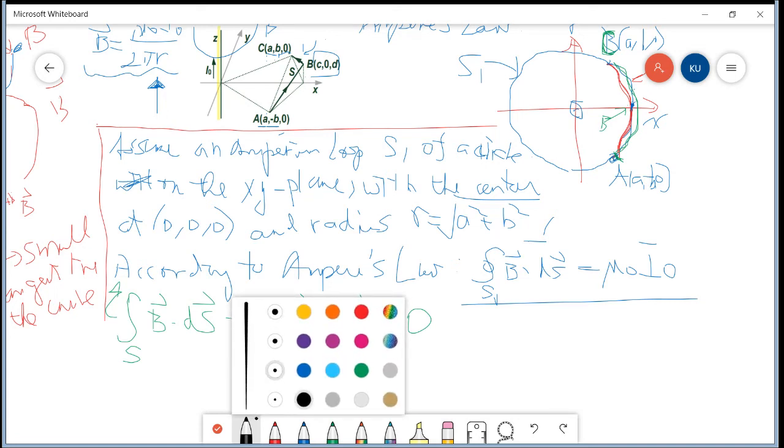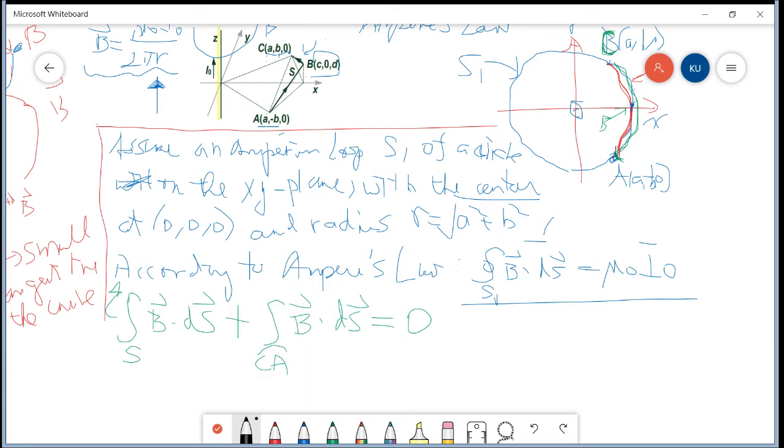Okay, so you start from the point here. So you go in this way, go in this way, and then go in this way, and then through the arc going back to here.